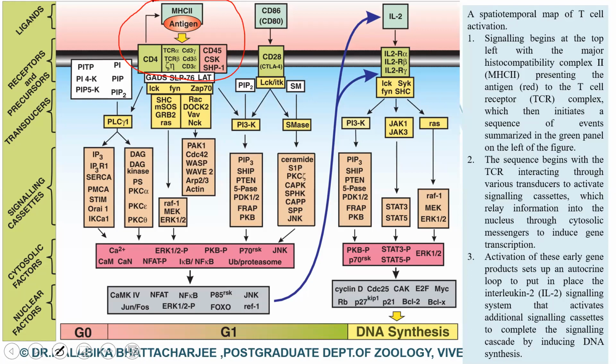Let us assume that this pink color is an antigen presenting cell and it is displaying antigen complexed with MHC class 2. The moment it is displaying antigen with MHC class 2, CD4 recognizes the MHC class 2. The T cell receptor alpha beta chain recognizes the antigen and thereby sends the signal via their transmembrane domain to the different CD3 complexes.